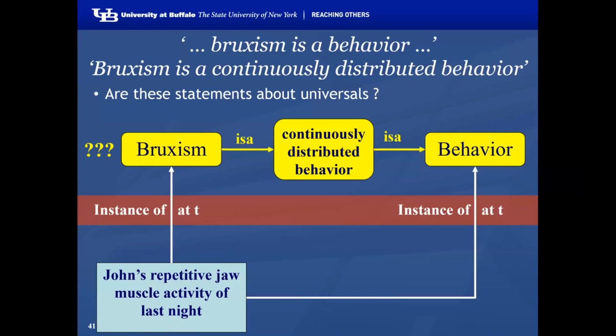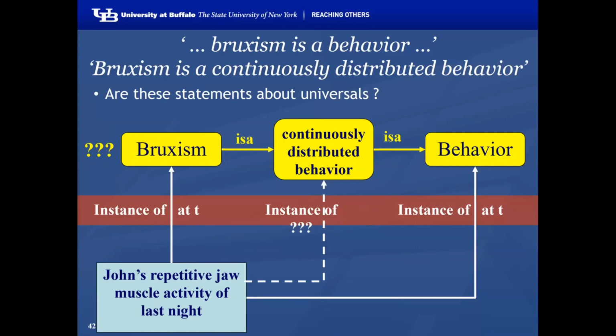So now let's try to put that continuously distributed behavior in there. So the simple way would be, okay, you are more precise about that behavior. So continuously distributed behavior would be a kind of behavior, and bruxism would then be a kind of continuously distributed behavior. But does that make sense? Does it make sense to say that John's repetitive jaw muscle activity of last night is an instance of something that is continuously distributed?